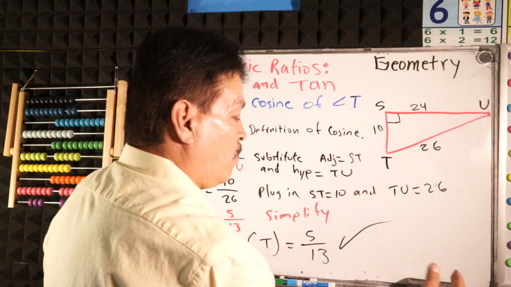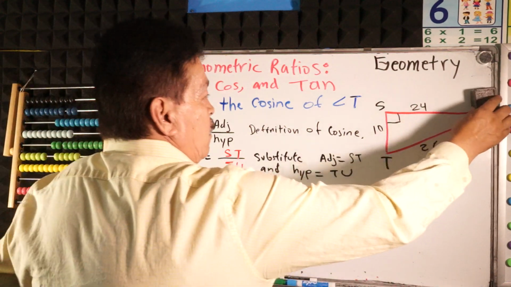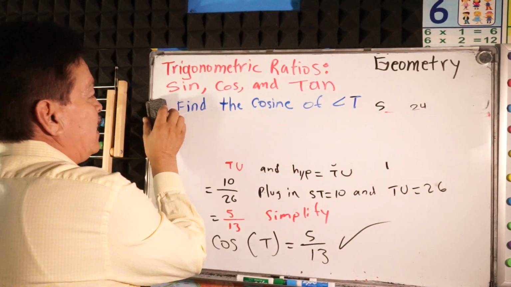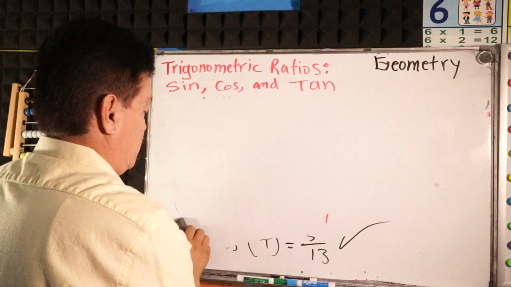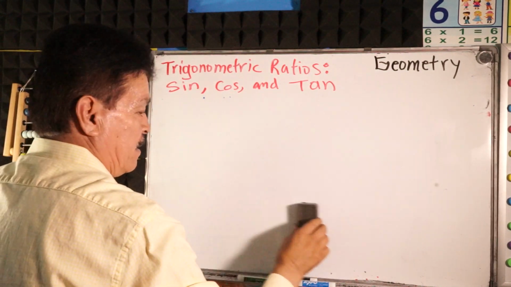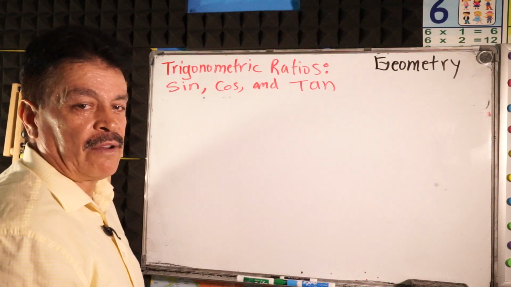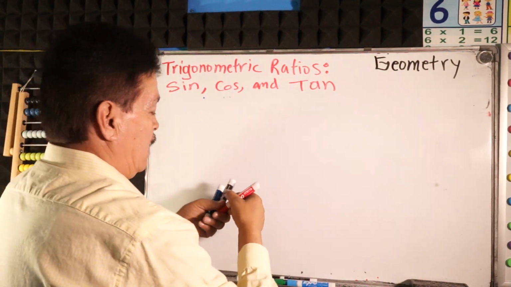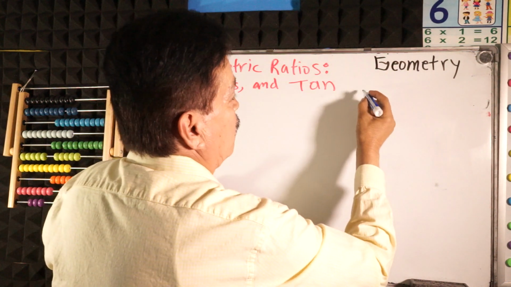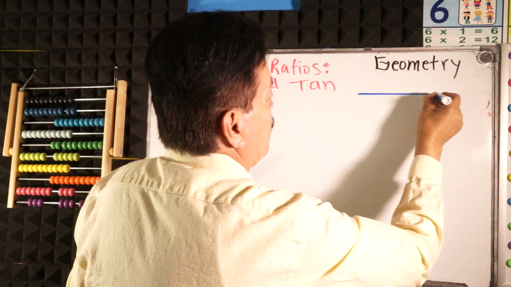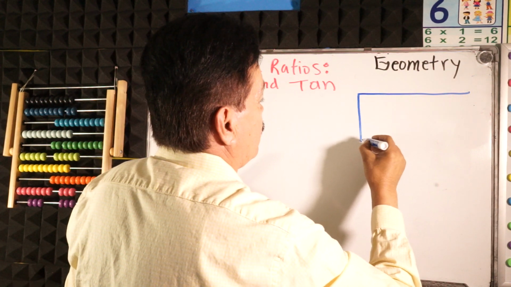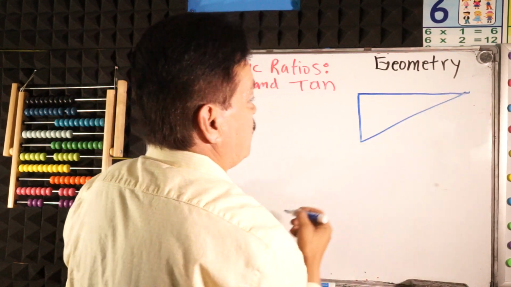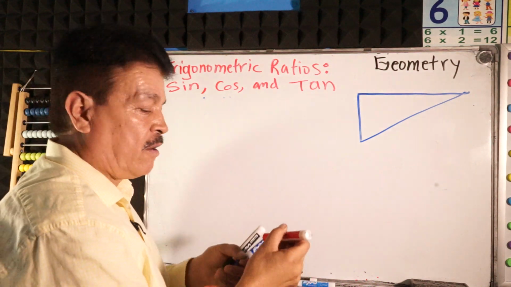Easy, right? No problem. Let's go and then let's see the tangent. Let me make a picture of another triangle right here, to see the tangent. That's my triangle.